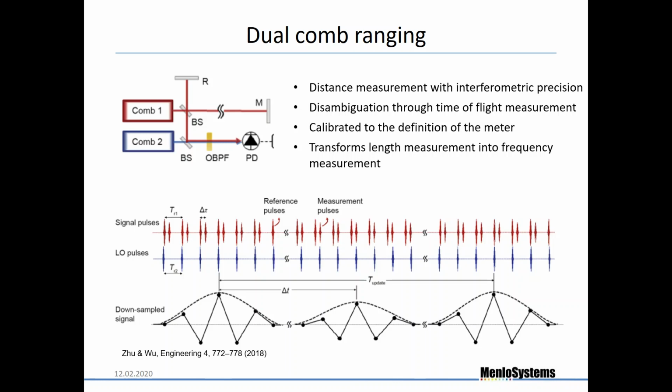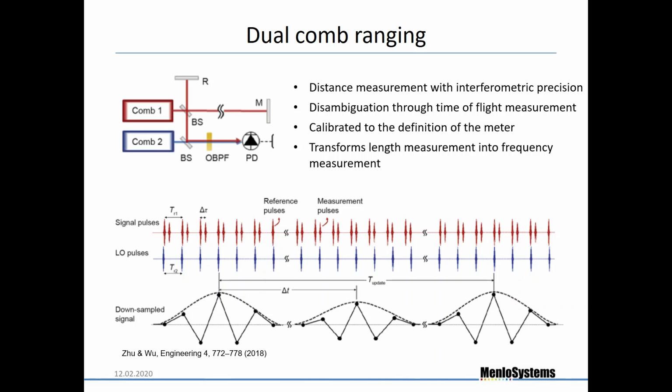And another very nice thing that we are doing here is that we transform the measurement of a length into a frequency measurement. And that's great, because there is this famous saying by Arthur Schawlow, who was the former advisor of Professor Hänsch at Stanford University. He famously said, never measure anything but frequency. And what he means by that is that frequencies are the thing that we can measure most precisely.